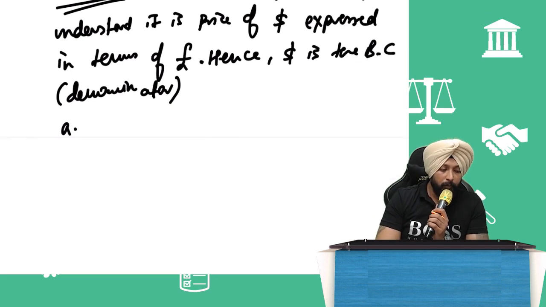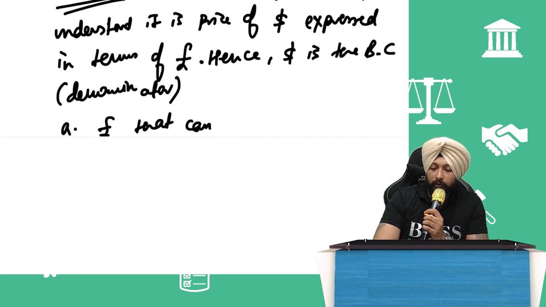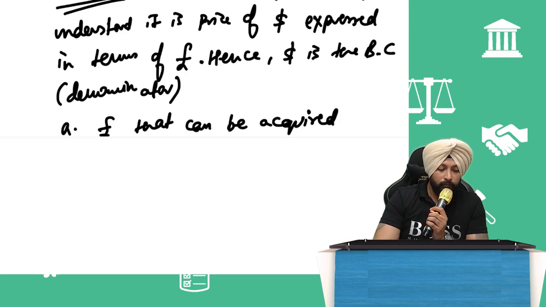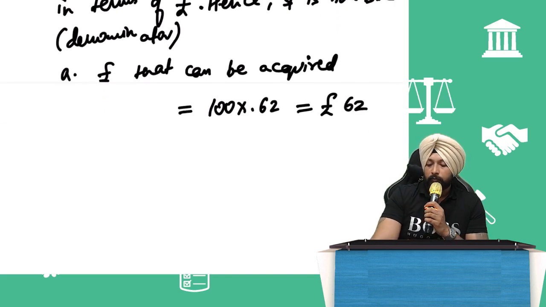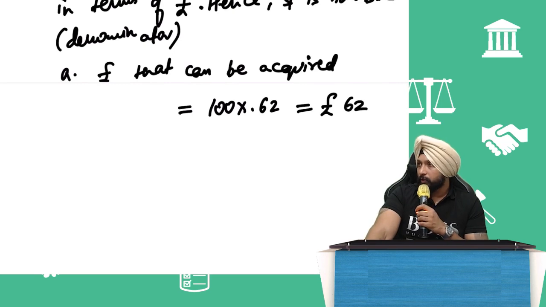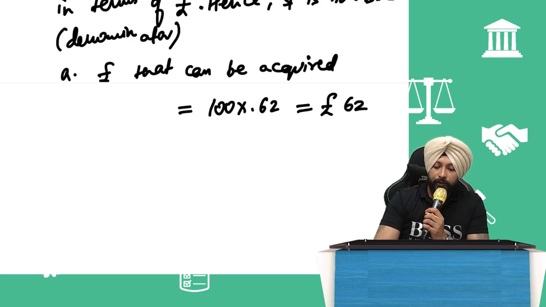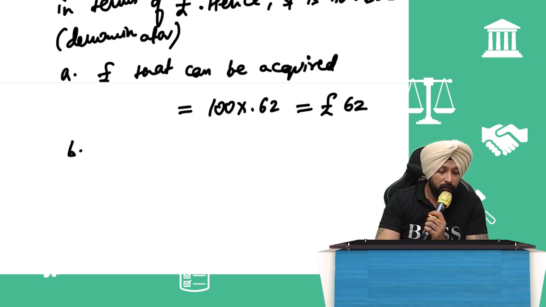Next, let's write point number 8. Pound that can be acquired: $100 into 0.62, 62 pound. Next.